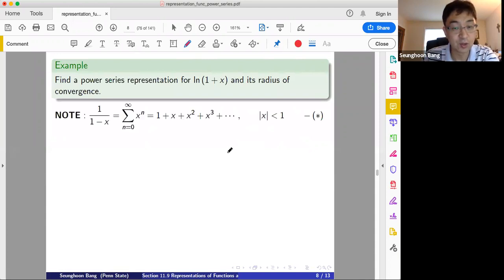We can use the same rule, the geometric series: 1 over 1 minus x is the summation from n equals 0 to infinity of x to the n, which equals 1 plus x plus x squared plus x cubed, and so on. So how can you find the power series representation for ln of 1 plus x? First, you can take the derivative of this one.